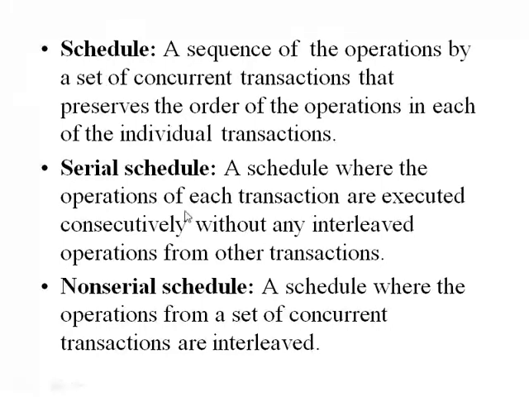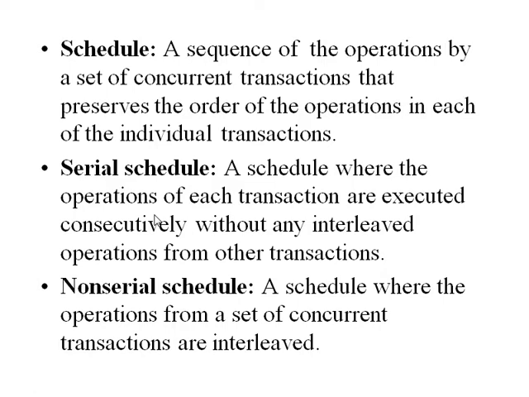Next, what is this serial schedule? It is a schedule where the operations of each transaction are executed consecutively without any interleaved operations from other transactions. So serial schedule is the opposite of concurrent transactions. Concurrent transactions means both the transactions are executing parallelly, but serial is not like that.